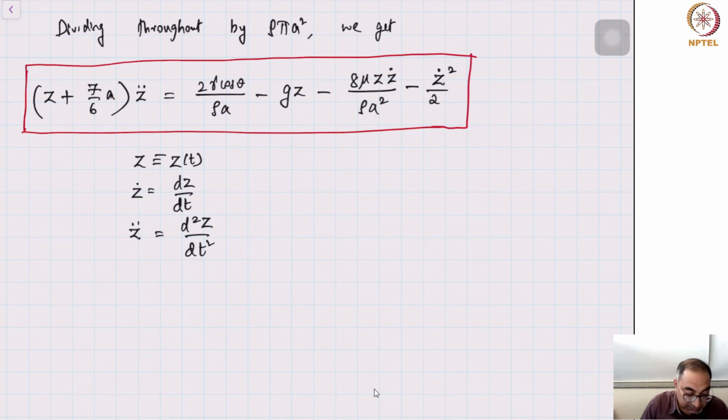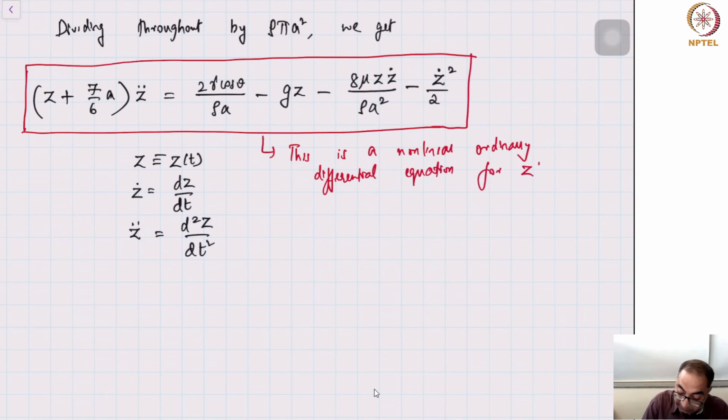Now, what kind of an equation is this? This is a nonlinear ordinary differential equation for the Z of t.